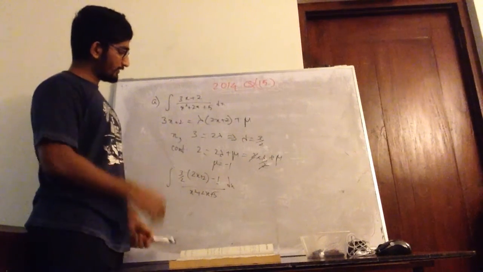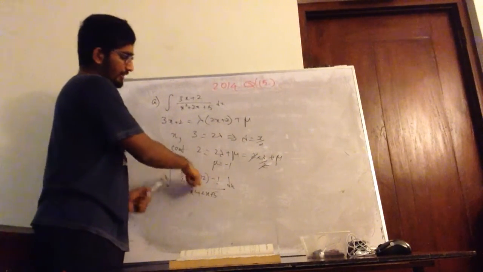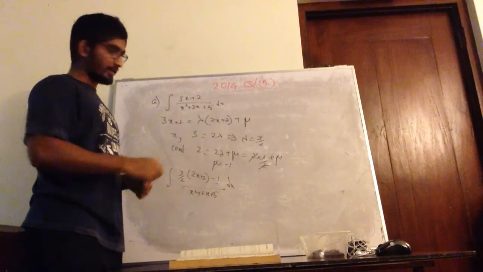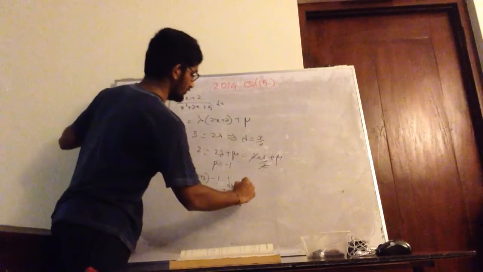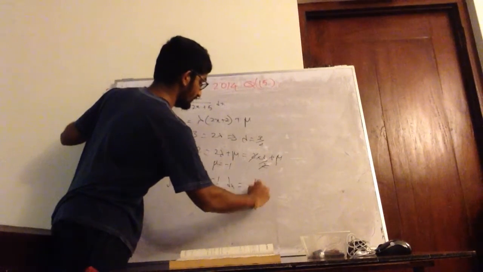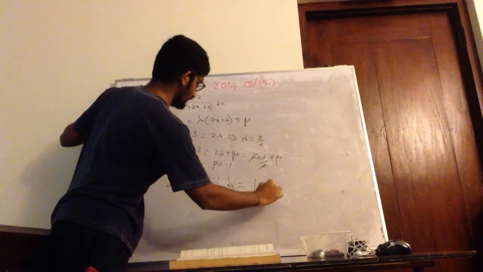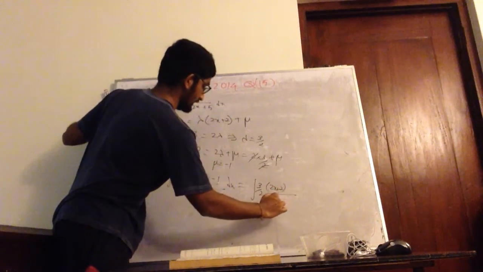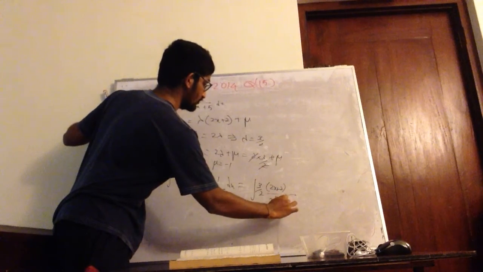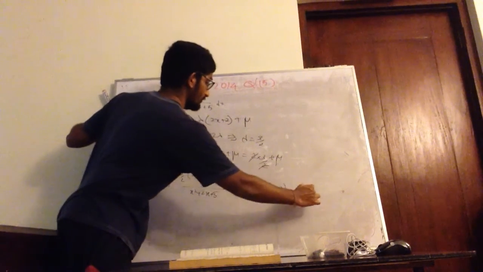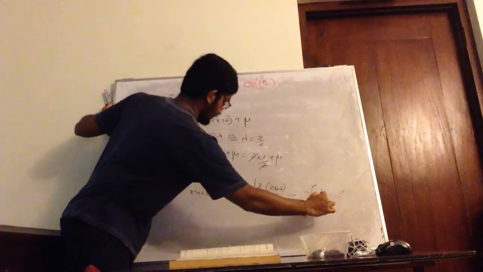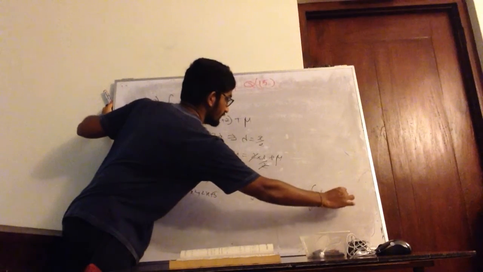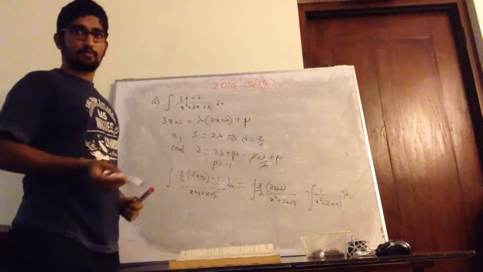Right? So the advantage of doing this is I can use that ln formula. So now I'm going to write this as 3 over 2 times (2x plus 2) over (x squared plus 2x plus 5), minus 1 over (x squared plus 2x plus 5).